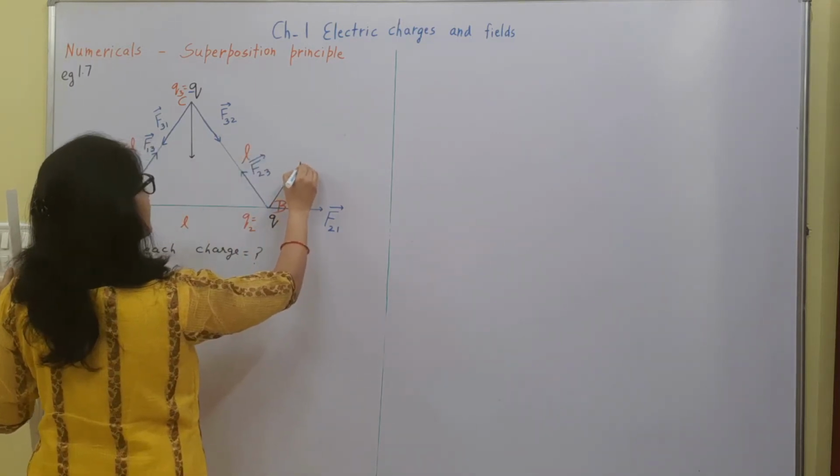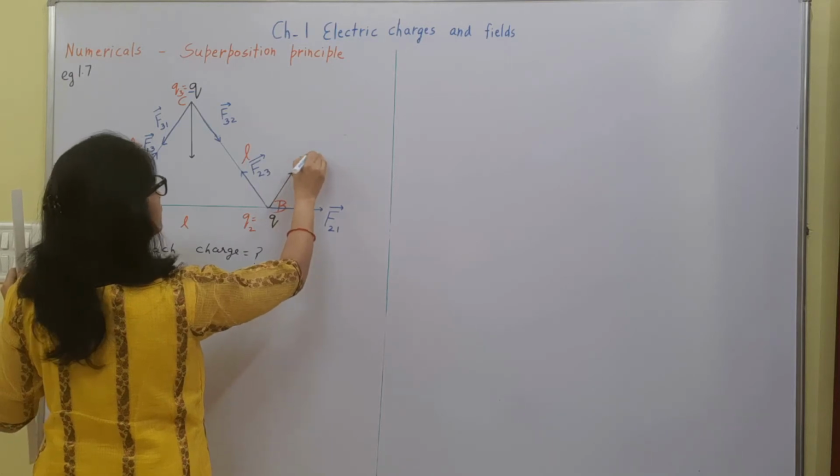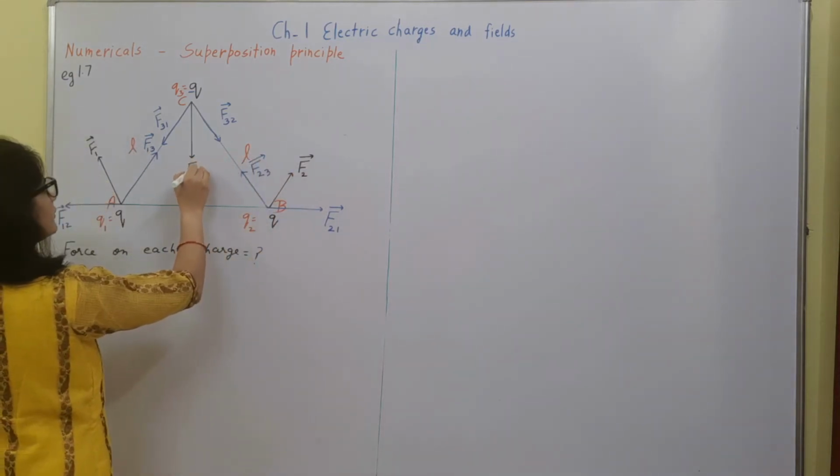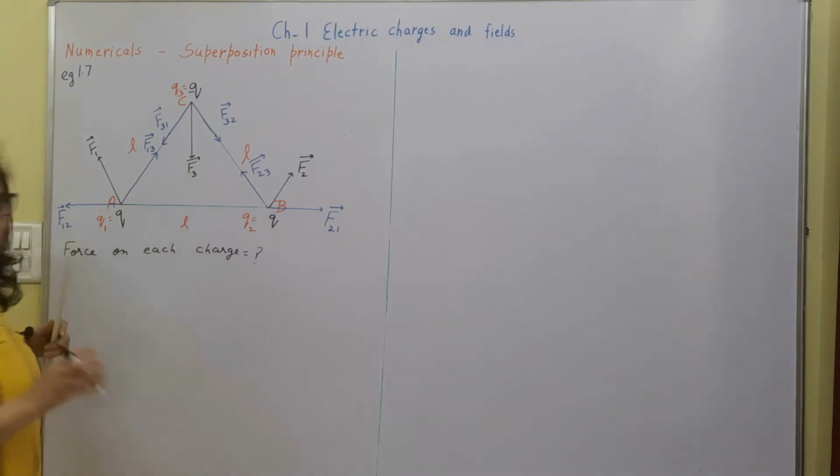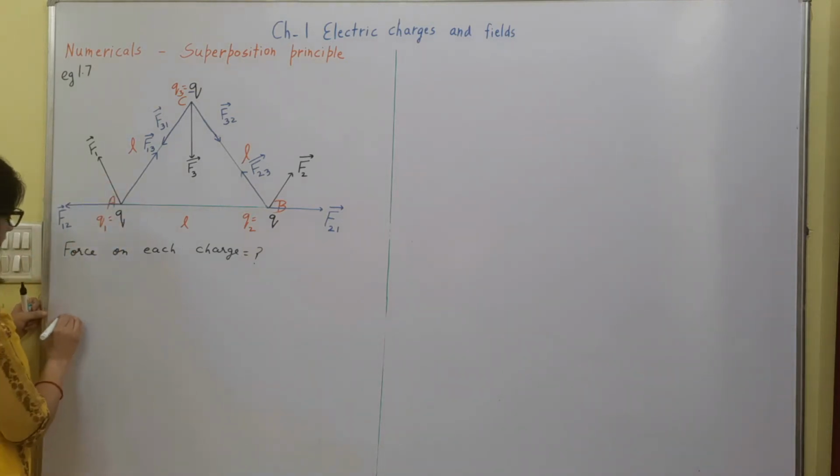So this will be F2 and this will be F3. To make the things clear, I am drawing these three cases separately here.